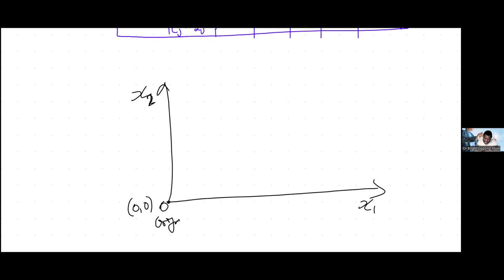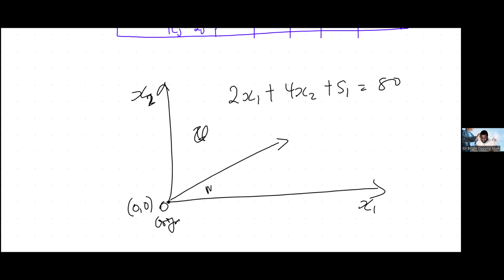So we assume that for the first constraint where we have 2x1 plus 4x2 plus S1 is equal to 80, if we are considering the initial solution, remember it's a maximization problem, so the solution is moving away from the origin.